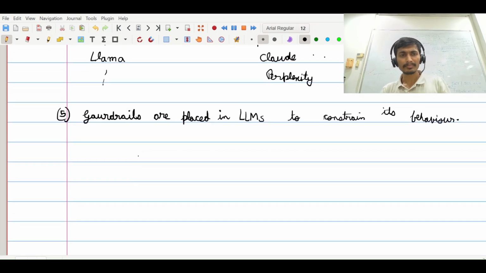Okay, and before going into the examples, when LLMs came, people found out that if somebody wanted the procedure to develop a bomb, maybe the large language model didn't give a direct answer to it.